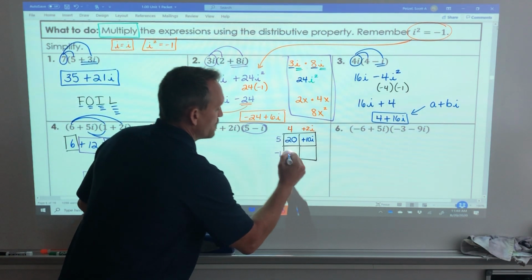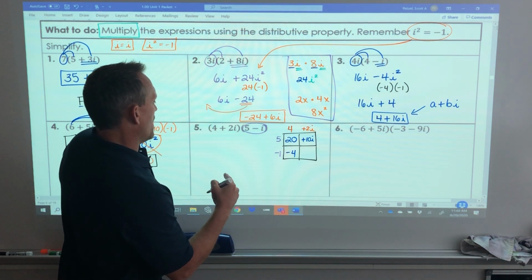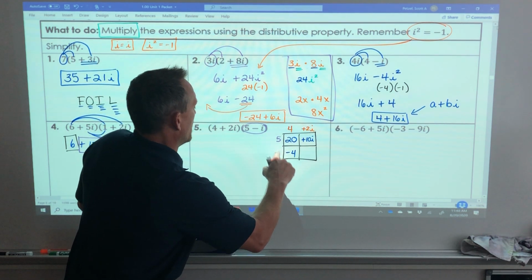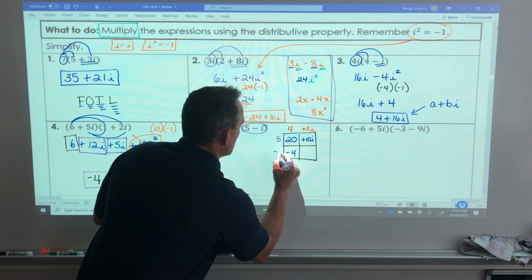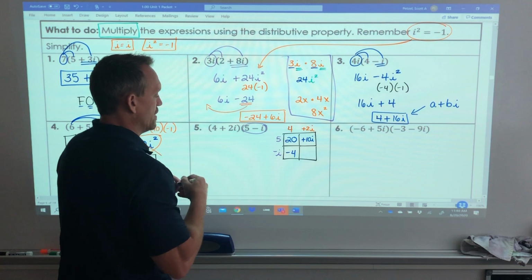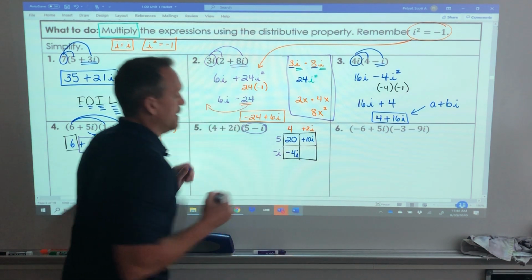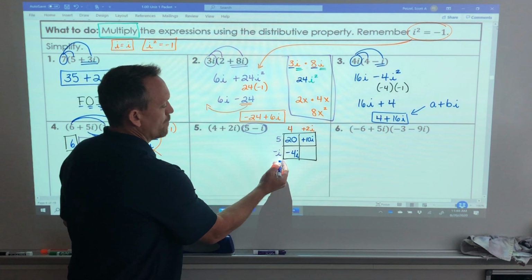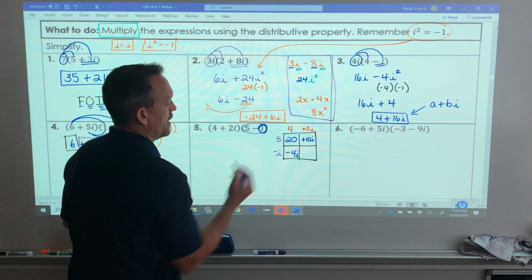Negative 1 times 4 is negative 4. And, oh, I'm sorry, that's a negative i. See, I messed up there. So that is negative 4i. Negative 1i times 4 is negative 4i. Please be careful with that.